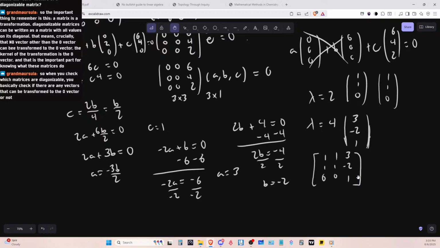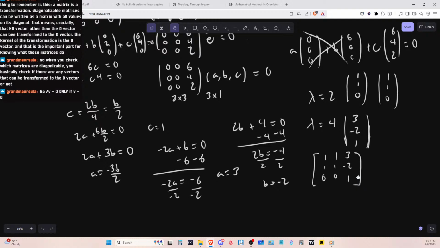The kernel of the transformation is the 0 vector, and it's an important part of knowing. So when you check which matrices are diagonalizable, you basically check if there are any vectors that can be transformed to the 0 vector or not. So Av equals 0 only if v is equal to 0. Okay.